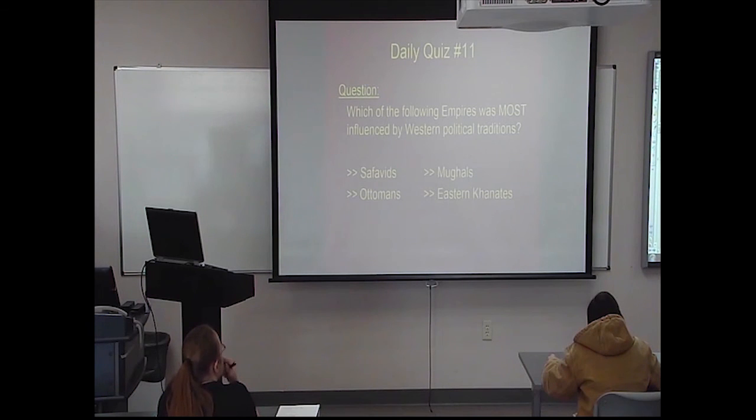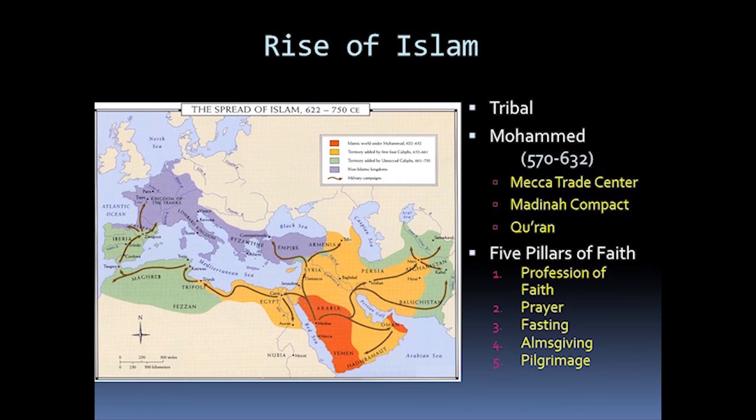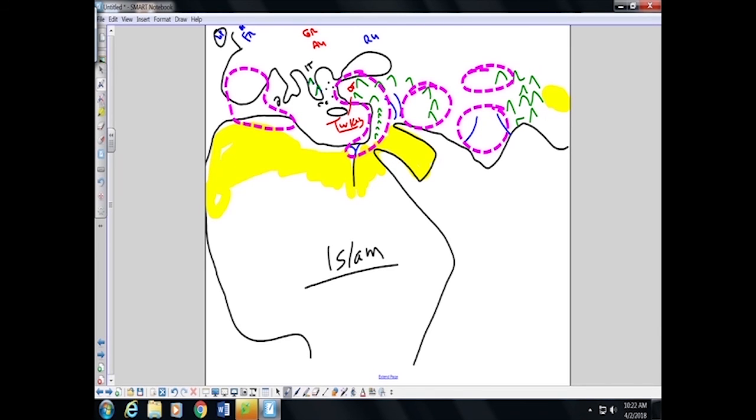In order to understand the Middle East, you must understand Islam. Okay, that makes sense? Okay, and I don't know how many of you actually understand Islam, like what its theories are. It's easy. I think in this class we've already talked about what the basic premise of Judaism is and the basic premise of Christianity, just like we found out what the basic premise of, well, we haven't really talked about Hinduism yet.